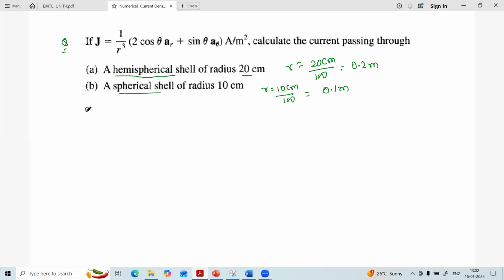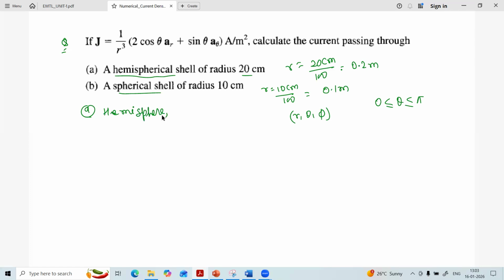First we'll see the first case, in the case of the hemisphere, and it is given in spherical coordinates. The variables are r, theta, phi. In general, if it is a complete sphere, the range of theta is 0 to pi, am I right? But in the case of a hemisphere, theta value will change.